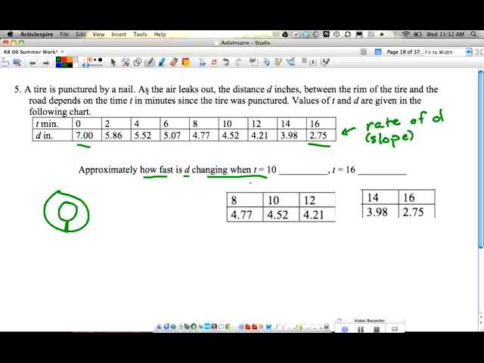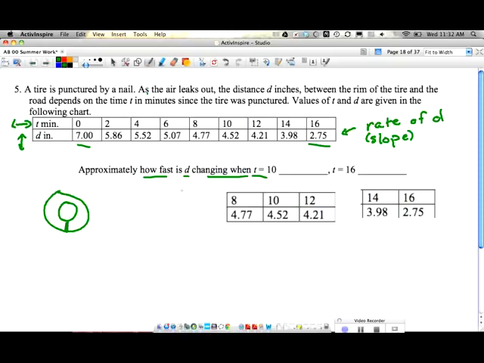But we're looking at the horizontal and the vertical changes, because the horizontal is as we go across the axis in time, and then the vertical is that output value, the d. So how do I figure this out? Well, it's the same thing as finding any slope. So I need to find the difference between these two numbers. This is our vertical change. And then I need to find the difference between these two numbers here.